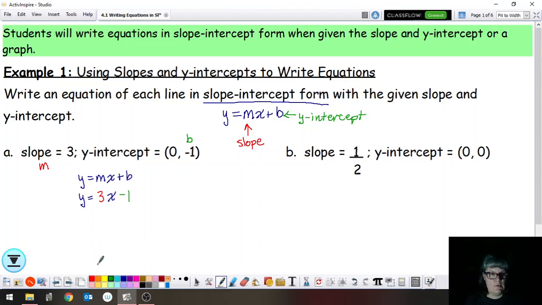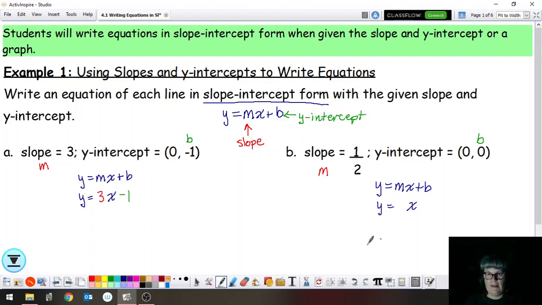In our next equation, we have a slope of 1/2, so m is going to be 1/2. And in our y-intercept, the x is 0, and our y value, our b, is also 0. So y equals mx plus b.